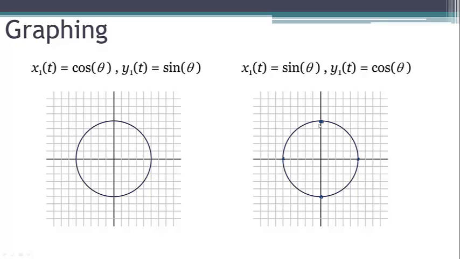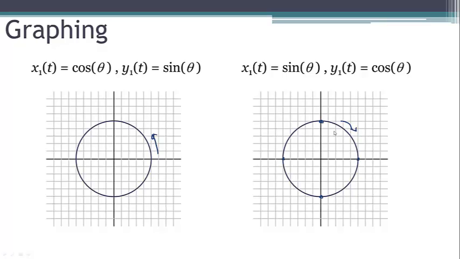So what I want you to do is focus on the end result. Ultimately, while one graph filled in counterclockwise starting at 1 comma 0, and the other filled in clockwise from 0 comma 1, the final results are the same.